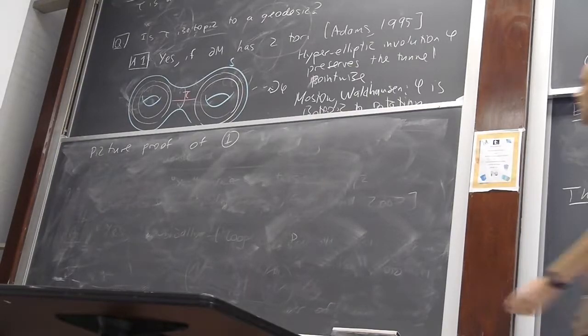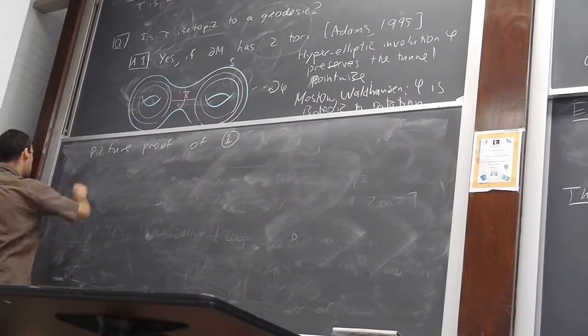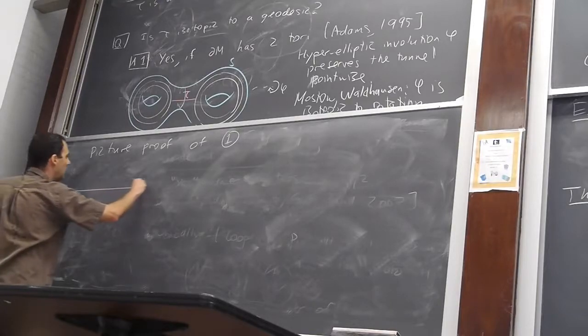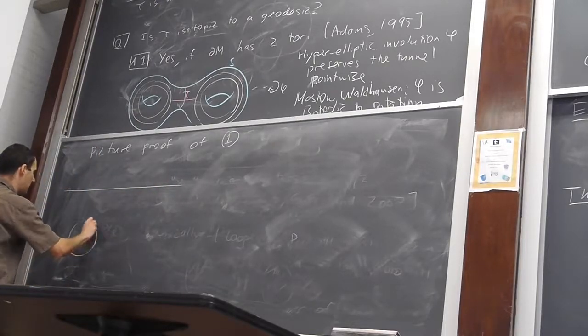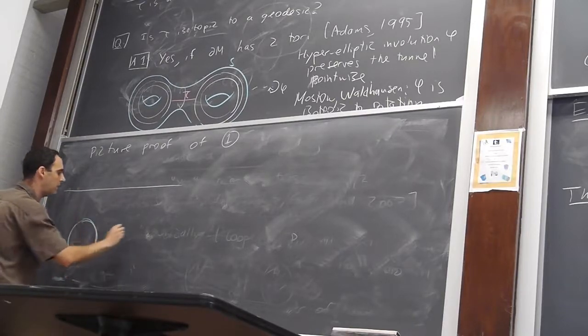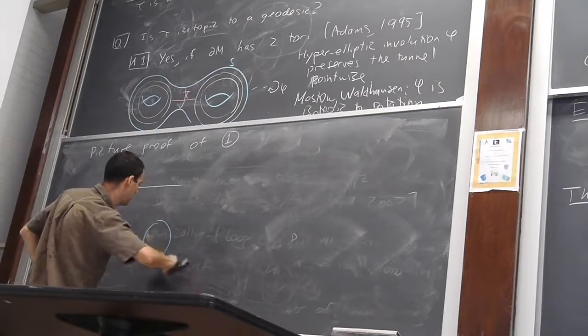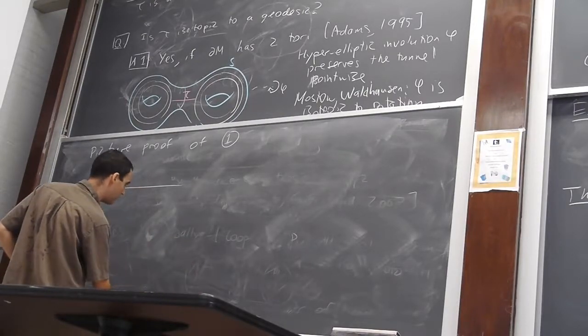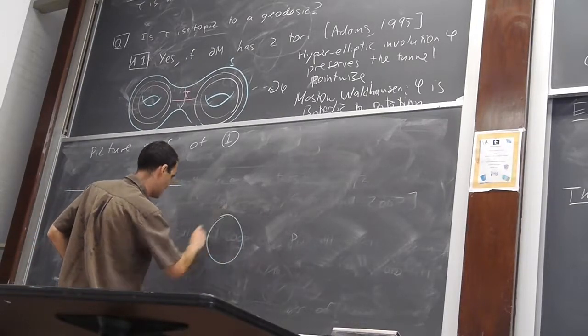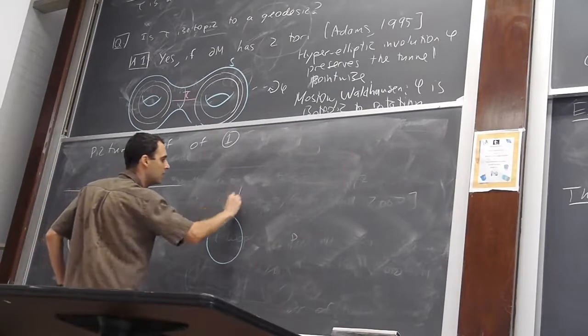You have two cusps. You're filling one of them, you're not filling the other. So here's the one you're not filling, and here's another copy of it. Actually, let me turn a little further along. Here's the sigma.